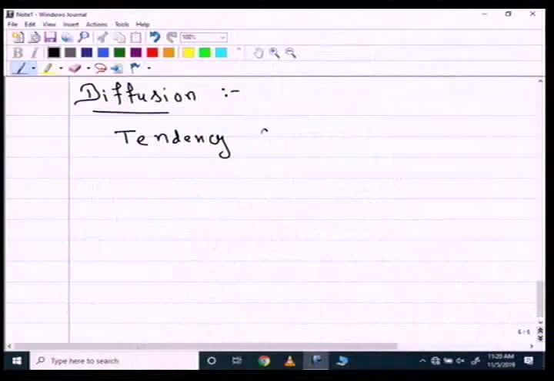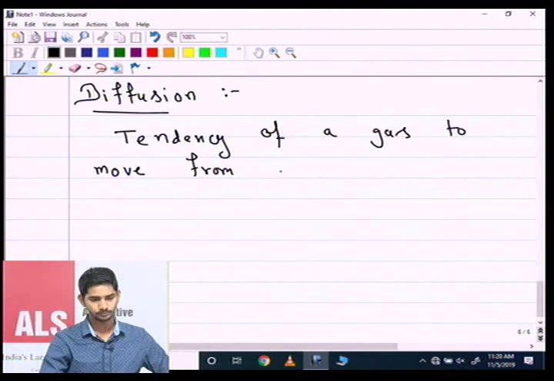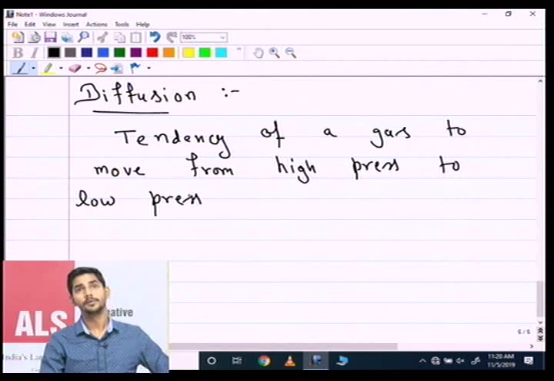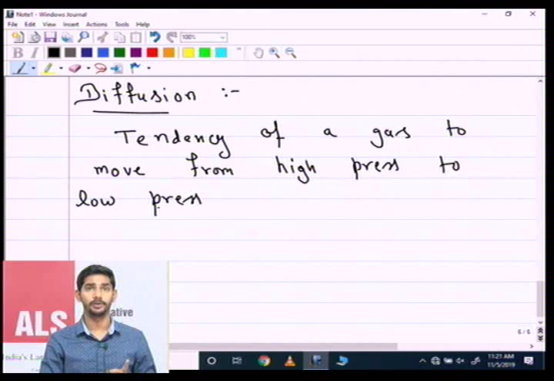So we can say: the tendency of a gas to move from high pressure to low pressure, until its partial pressure becomes equal on both sides, is known as diffusion. Remember guys, this statement is applicable to gases only.